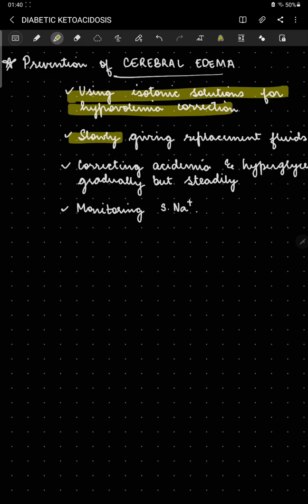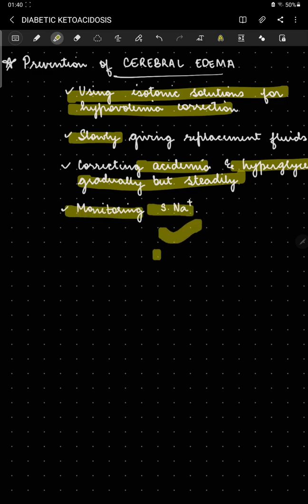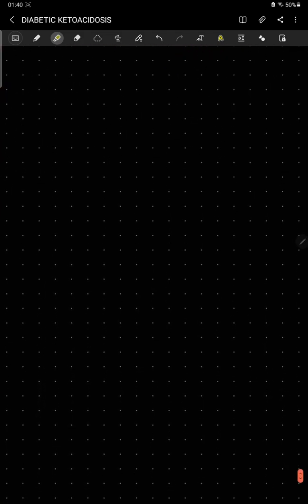Third, you have to correct the acidemia and hyperglycemia, but this has to be done very gradually and steadily, right? Last but not the least, monitor all the electrolytes, especially the serum sodium. That's all for DKA.